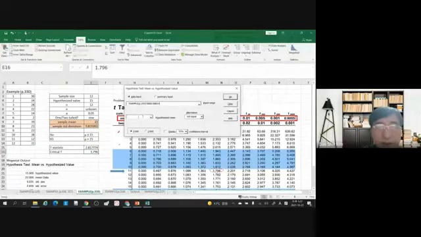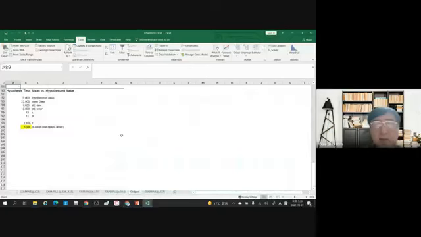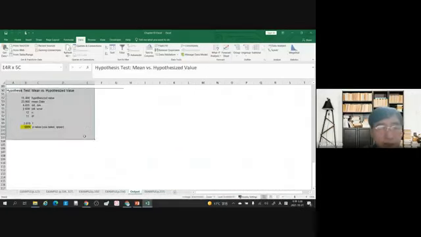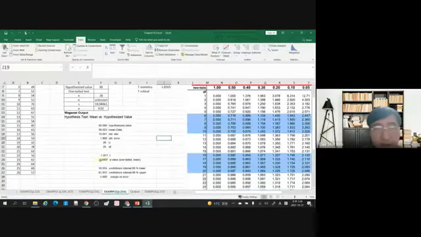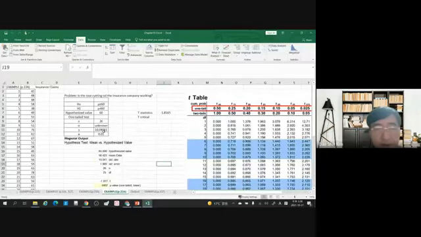Hypothesized mean is, where is it? 15. Alternative H1 is greater than, so you need to choose greater than. Sigma is unknown, so you need to choose the T test. Click OK. Then MegaStat calculates this value, and copy and paste to here. So here we calculate your T statistic.